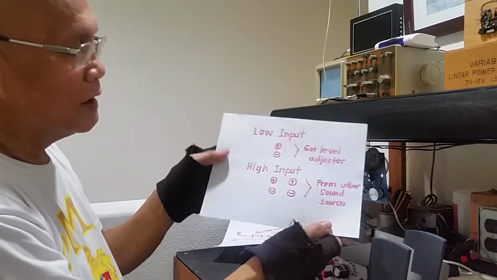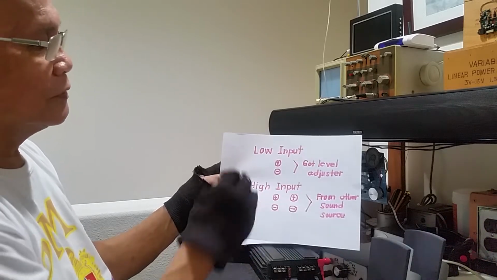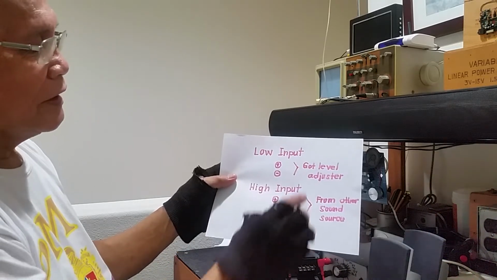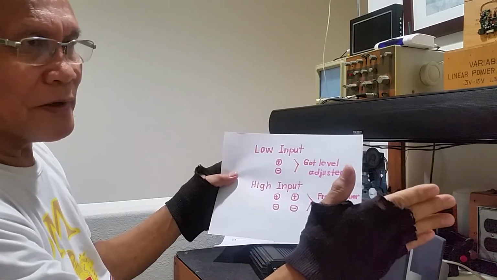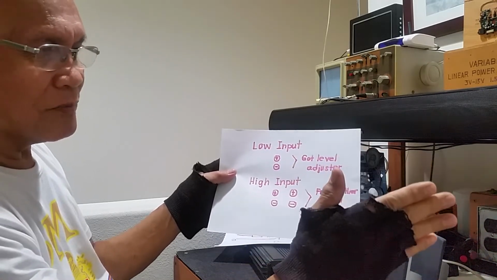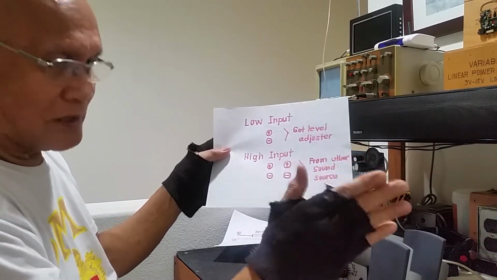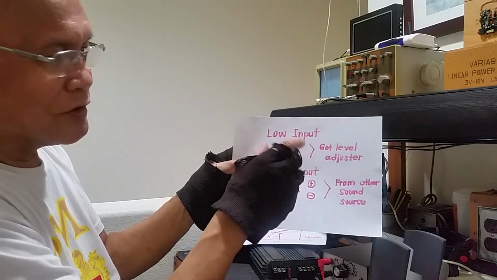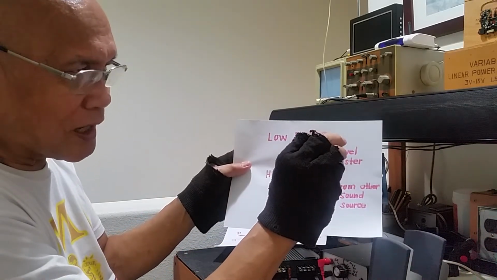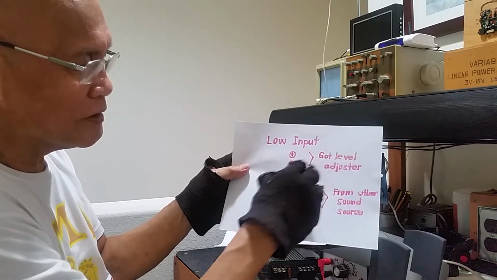I'll go back to the low input. For the low input, it has a level adjuster. Not all amplifiers have a level adjuster, but the one I'm discussing right now does, meaning if the input level is too low, you could try to increase it using this level adjuster.